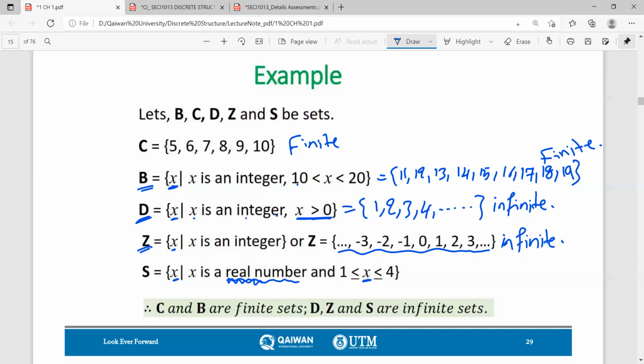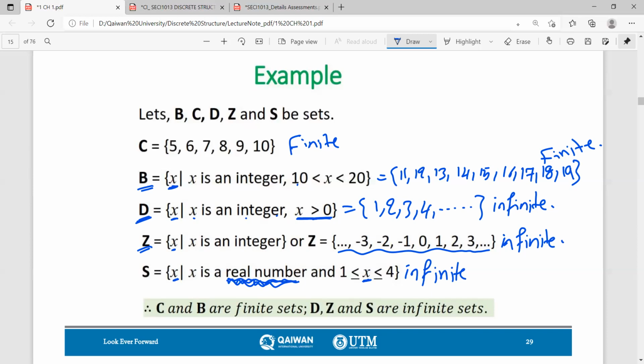It's defined in the real numbers, but the previous ones were in integer numbers. If this were integer, it would be finite. Okay? Between two integer numbers, we have finite integer numbers.